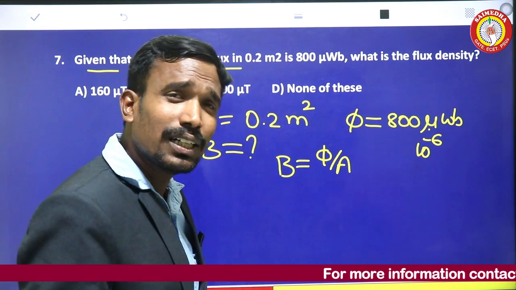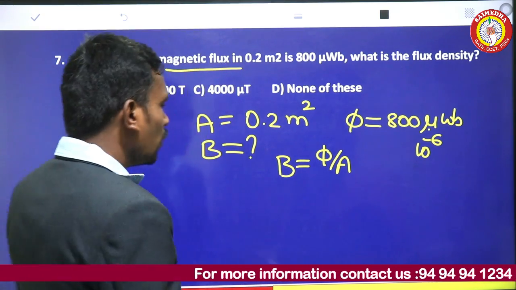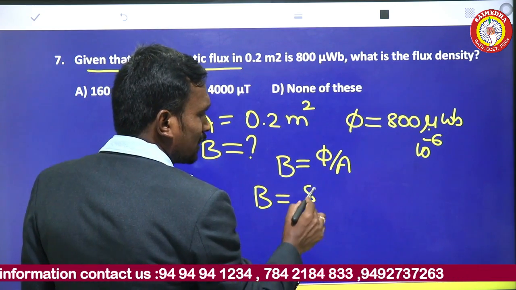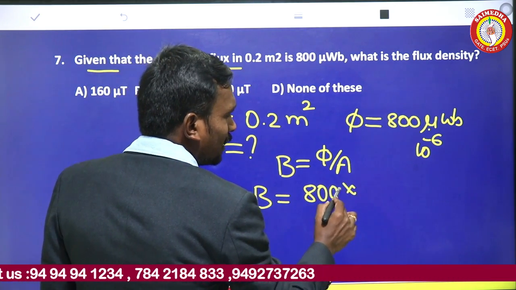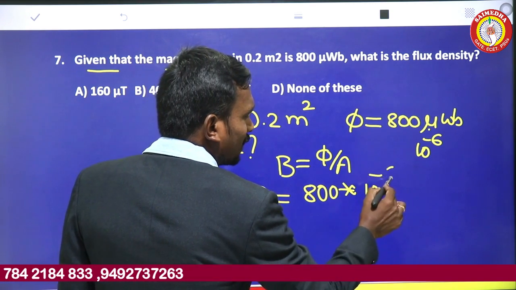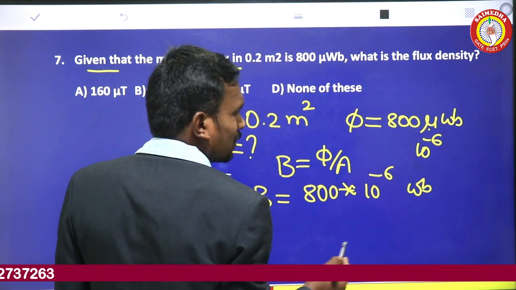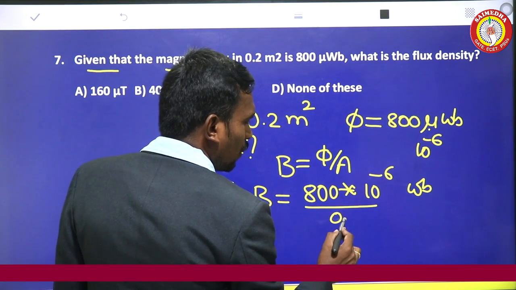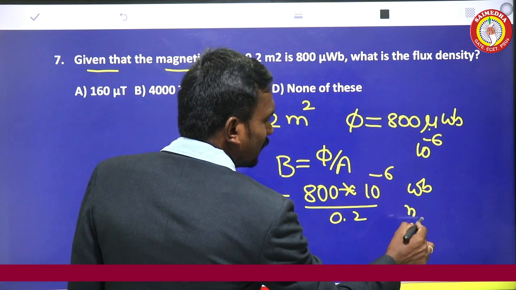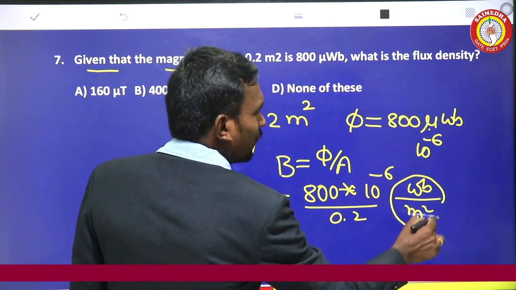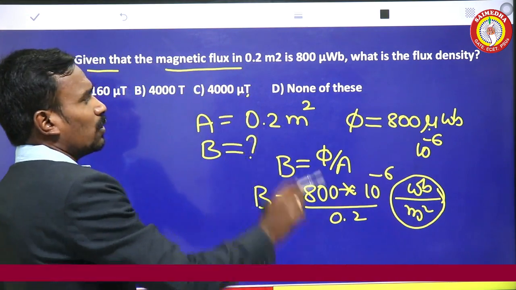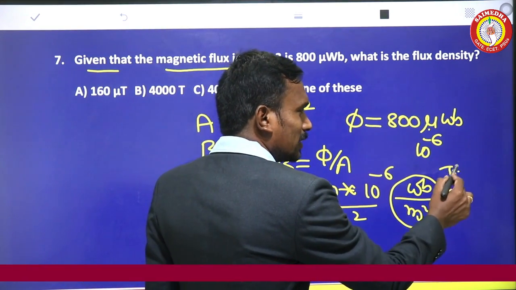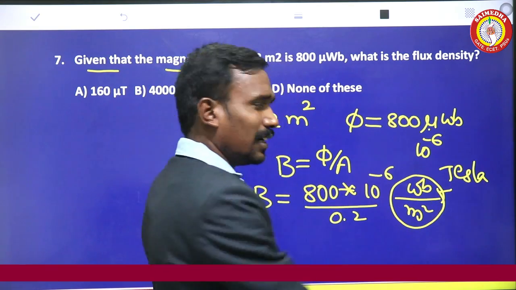So the flux density B is equal to flux, which is 800 into 10 to the power of minus 6 Weber, upon area, 0.2 meter square. Weber per meter square is also called Tesla.